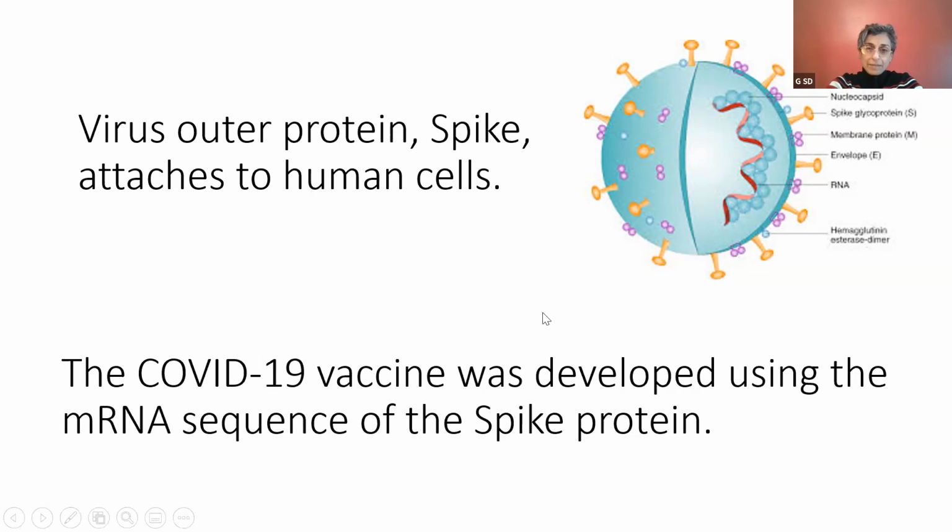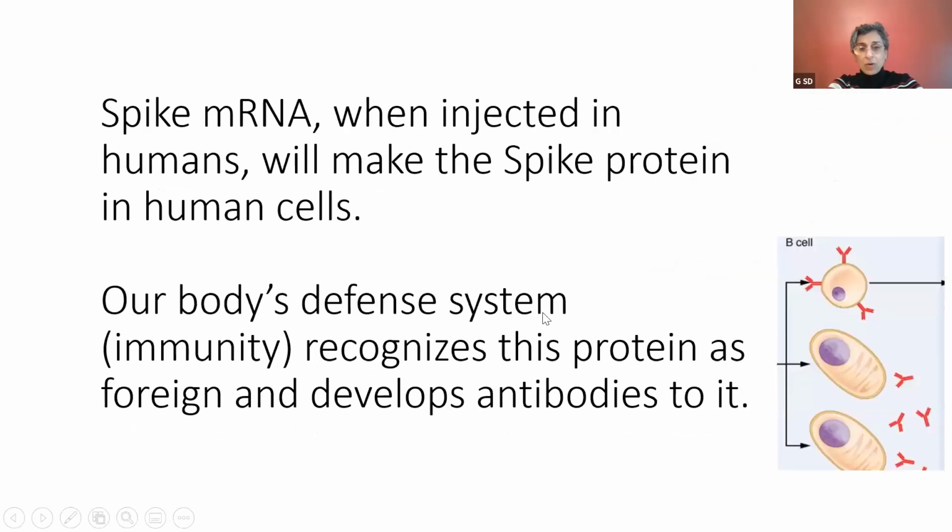So what they did was they used the spike mRNA and injected it into humans so that the human cells could make the spike protein. Not the entire virus, just a part of that protein that the virus encodes. Okay?